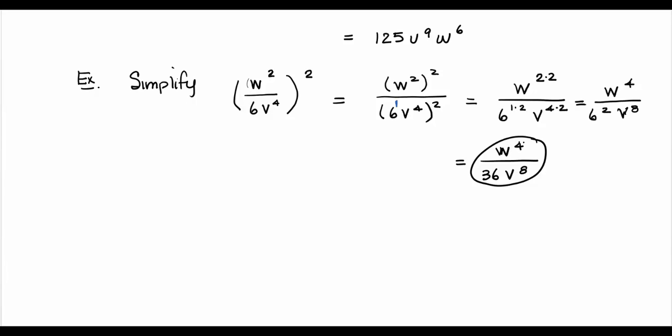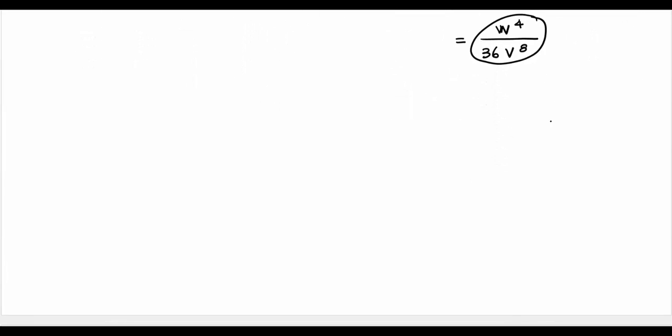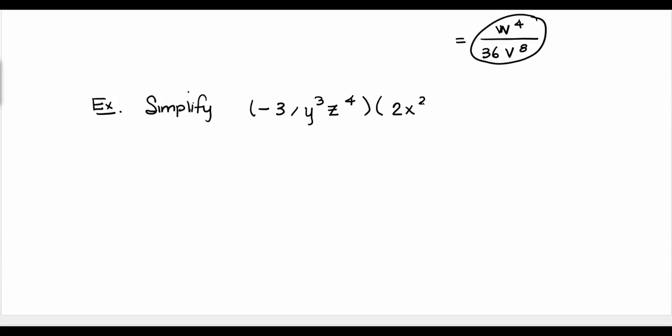Let's do a couple more. So now what if I ask you to simplify negative 3 x y cubed z to the 4th times 2x squared y cubed z, and all of that is raised to the 3rd.